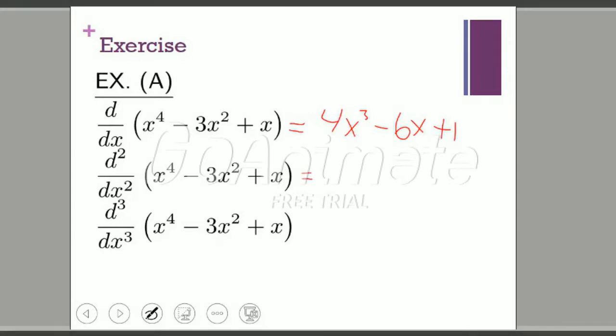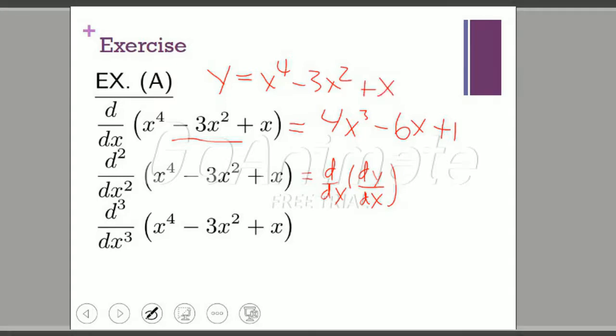So what's the second derivative of the original function? Well, that's going to be the derivative of the first derivative, right? So d by dx of the first derivative. Y, of course, we're assuming is our x to the 4 minus 3x squared plus x.